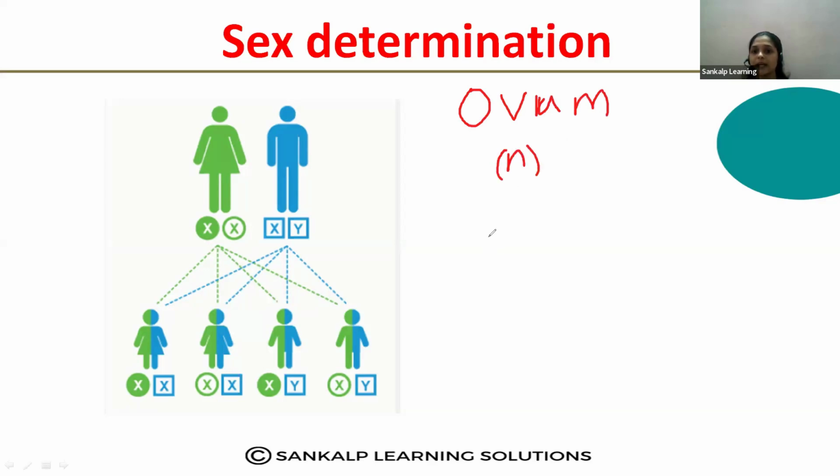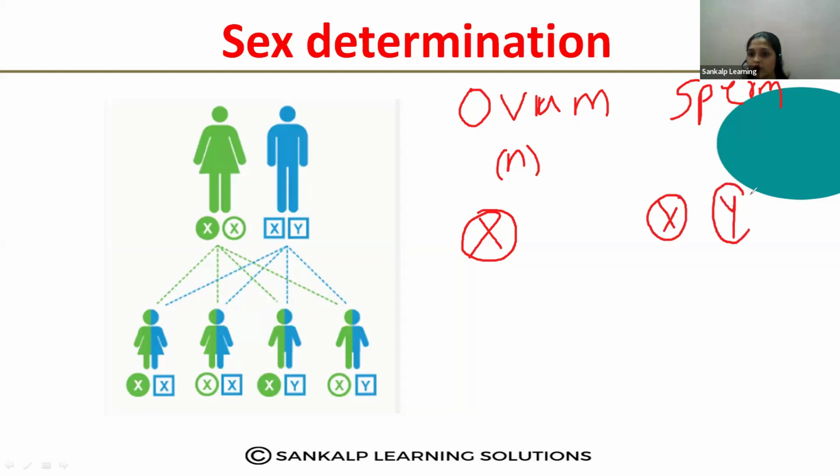This ovum always contains the X chromosome. Then the sperm may contain the X chromosome or it may contain the Y chromosome.